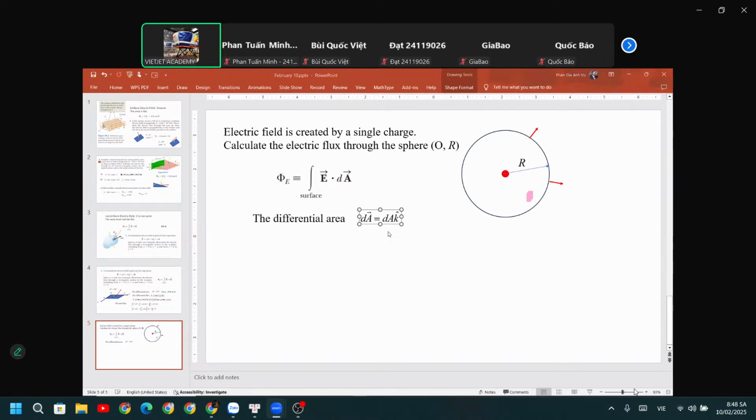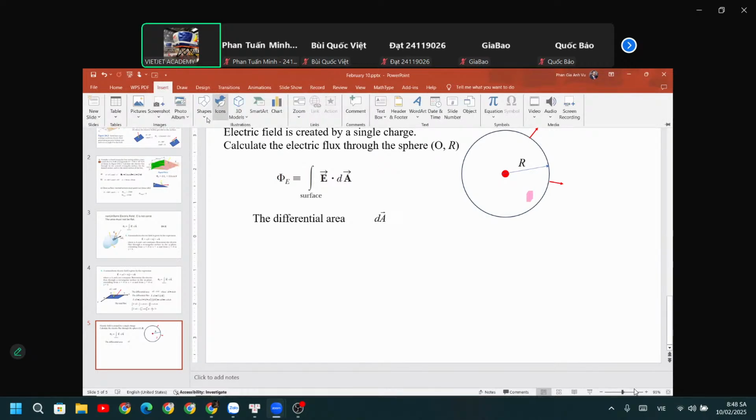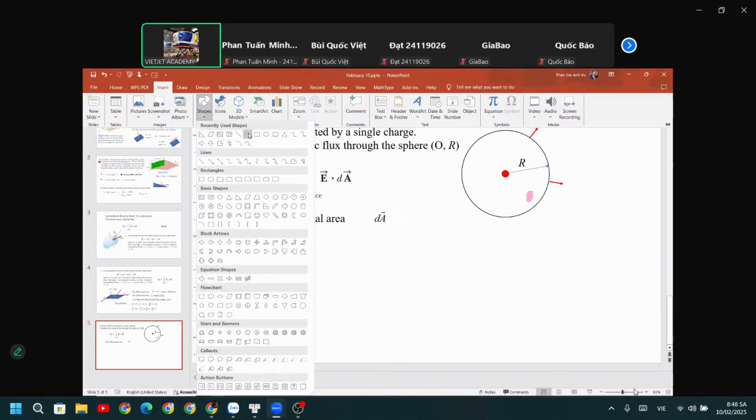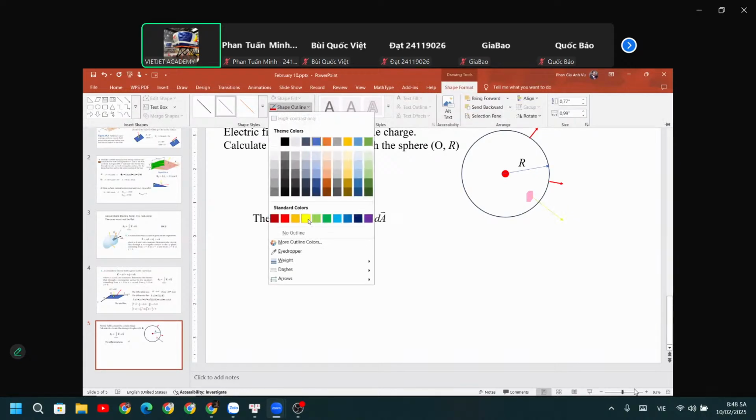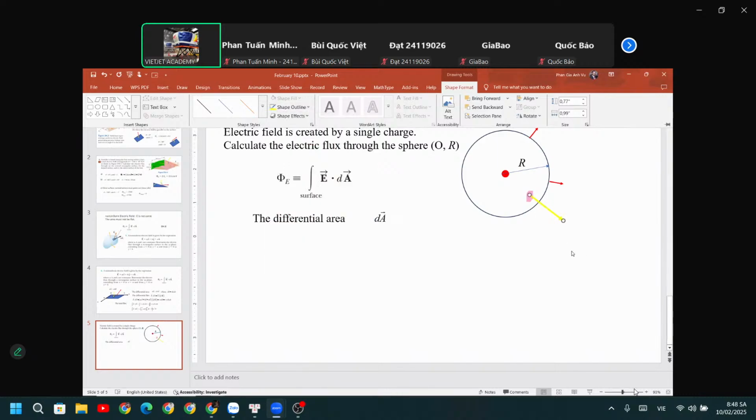But I can draw the dA vector, right? The dA vector is a vector that is perpendicular to the dA here. So I draw a little bit bigger dA so that you can see it clearly. Okay, this is my dA vector. What's the E vector at this position?